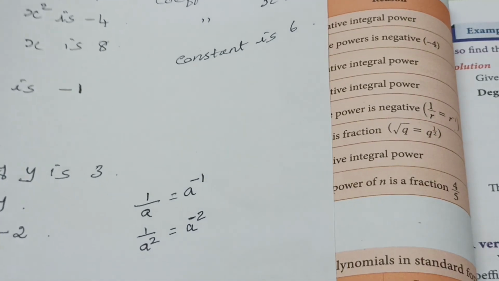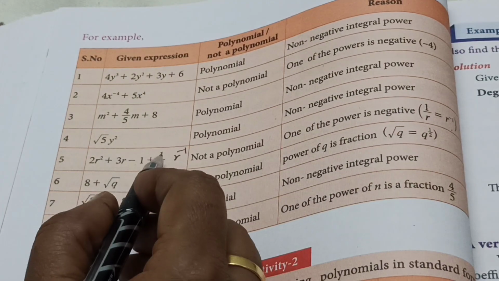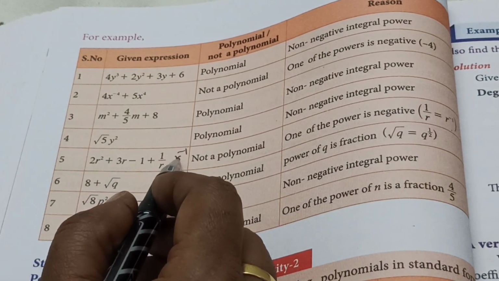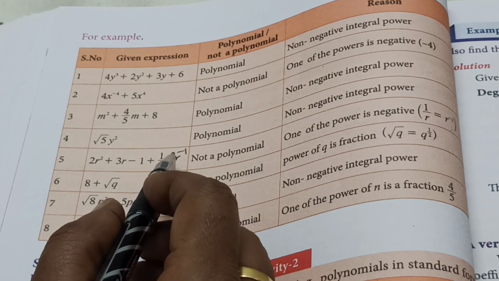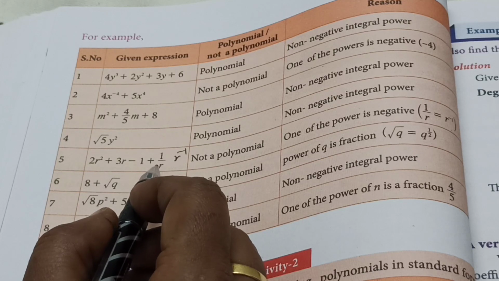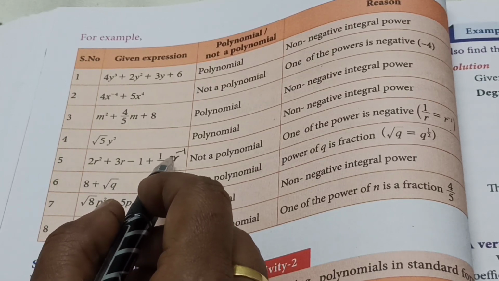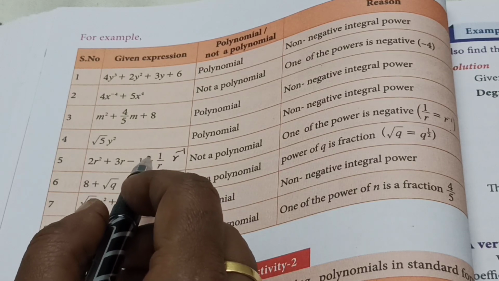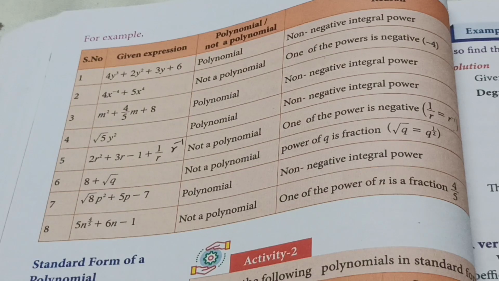Minus 2 we will get. Have you understood? Like that. Here 1 by r we can write what? R power minus 1. So one of the power is negative, isn't it? 1 by r is there. Have you understood? 1 by r is there. So here one of the power is minus 1. Okay. So it is not a polynomial.